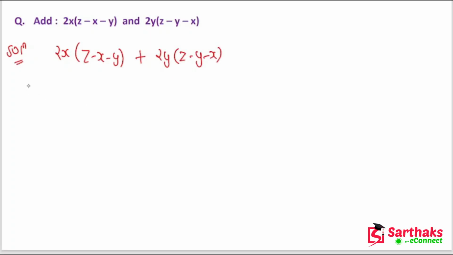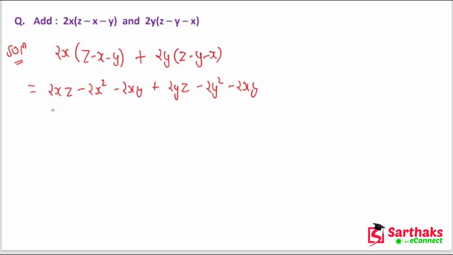Now clearly it would be 2xz minus 2x square minus 2xy, then plus 2yz minus 2y square minus 2xy.